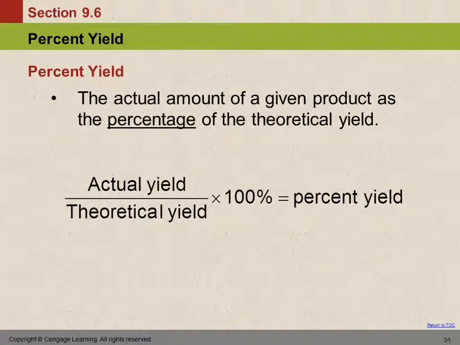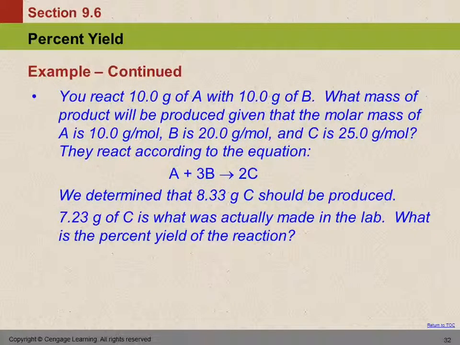Okay, so this is a continuation of an example we did in an earlier lecture. So this was what was given. We reacted 10 grams of A with 10 grams of B. It asked us what mass of product would be produced given these molar masses, and they gave the equation. And we already did that calculation, and we came up with a yield for C of 8.33 grams. This is the theoretical yield.